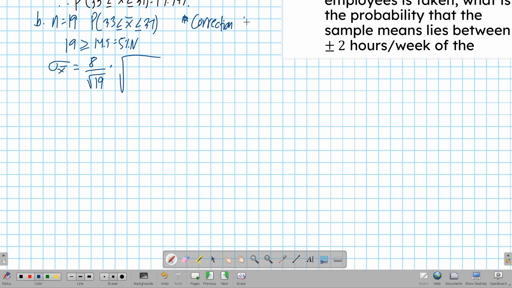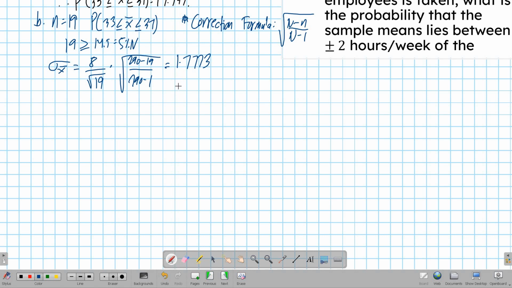The correction formula would be the square root of population size minus sample size all over population size minus 1. In this case, that would be times 290 minus 19 over 290 minus 1. Solving this in our calculator, we get a value rounded off to 4 decimal places of 1.7773.